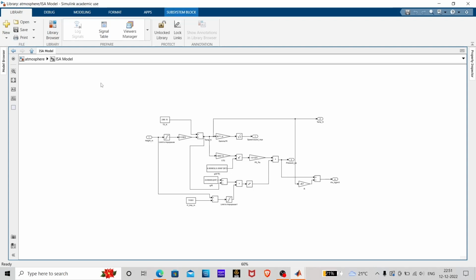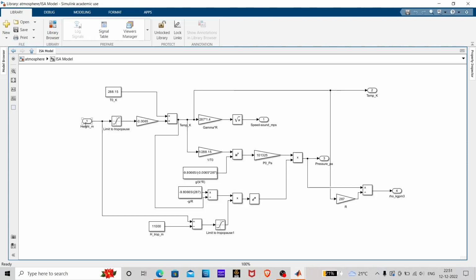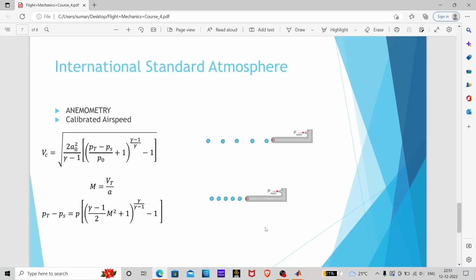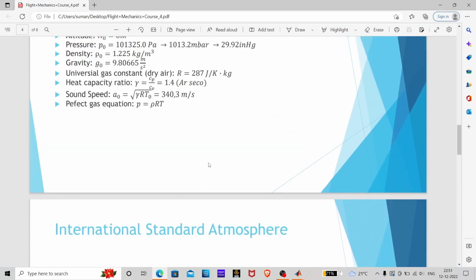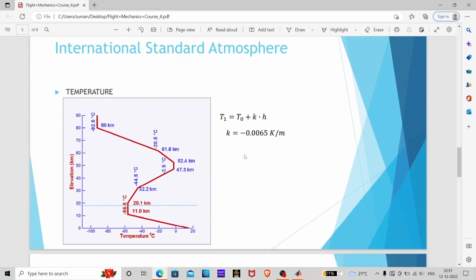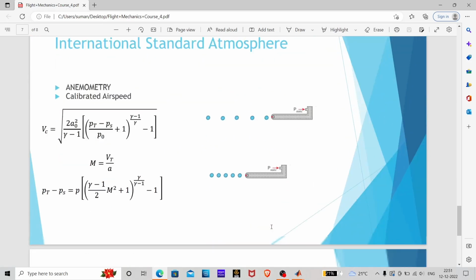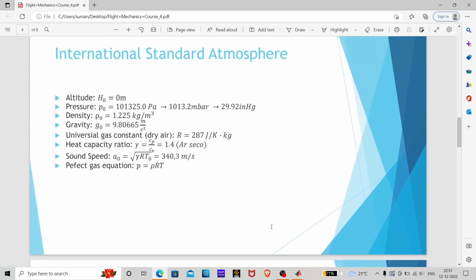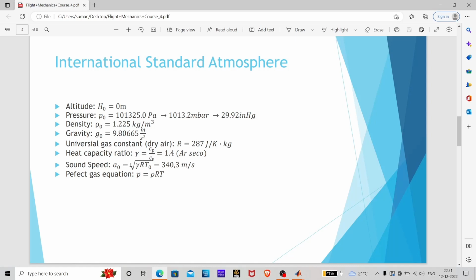So this is our model, as we can see here. This is the input that we are giving. This is the small model that we have built through these equations, through this temperature, and the pressure and density have been calculated through the perfect gas equation itself, and the speed of sound is calculated by this equation.